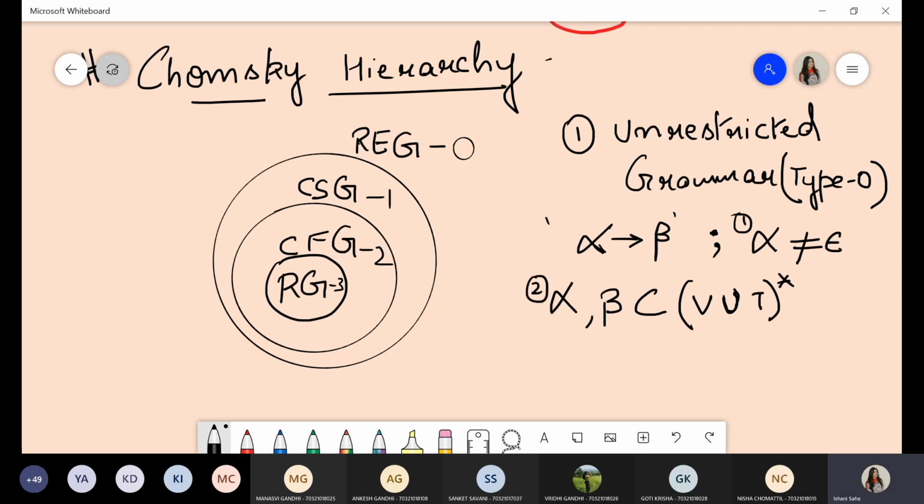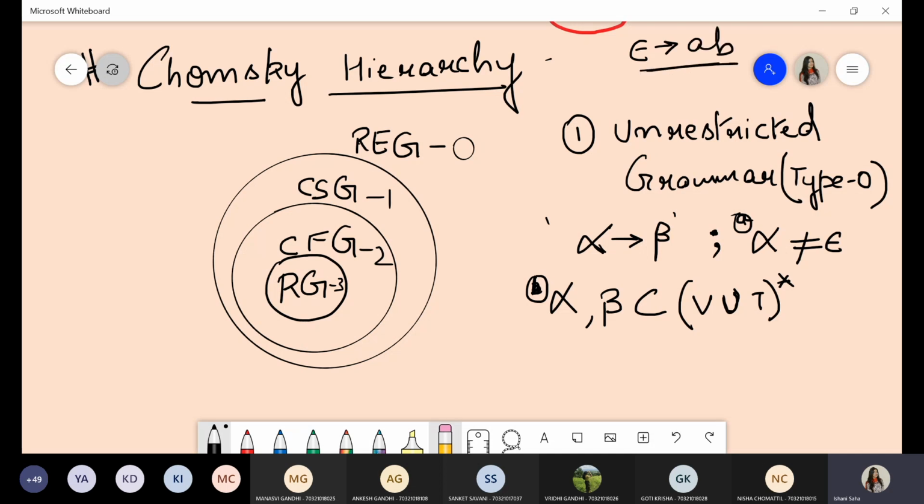We have already written this in the grammar definition, so now you can identify the unrestricted grammar form we have written. It could be anything of the variables or the terminals, or it could be nothing, but alpha specifically should never be nothing. It makes sense, right? Epsilon deriving any terminal is not possible.